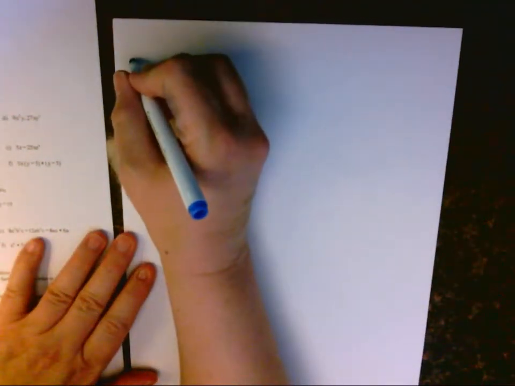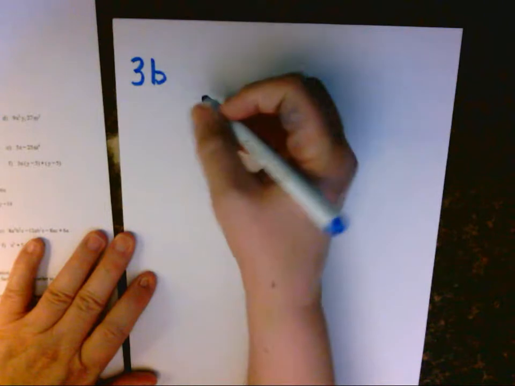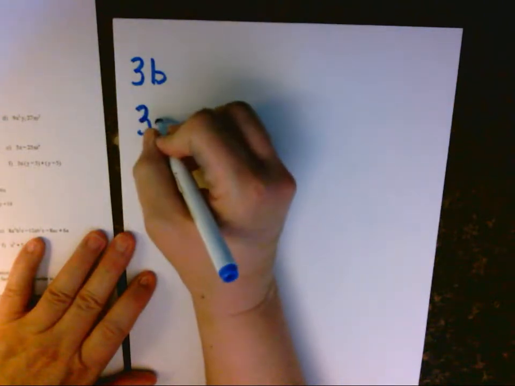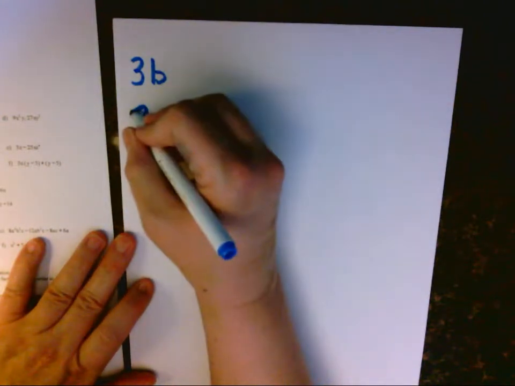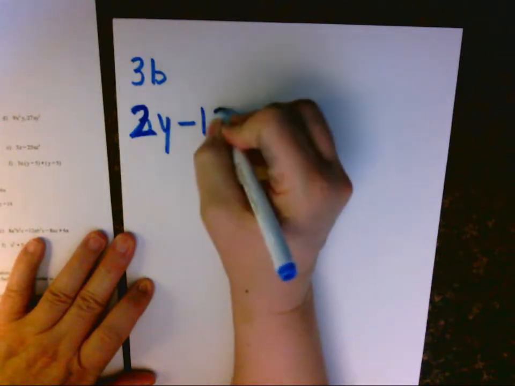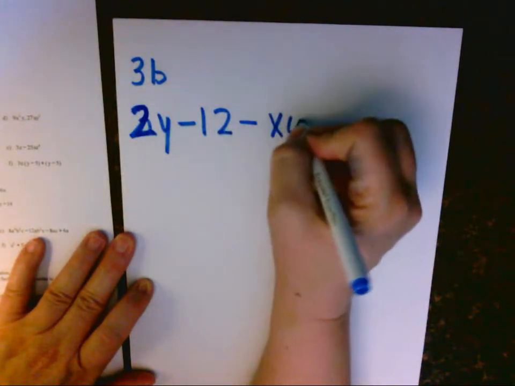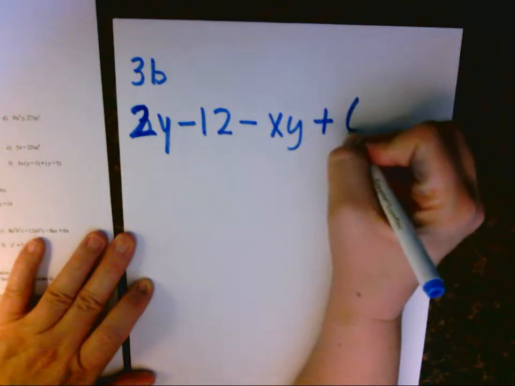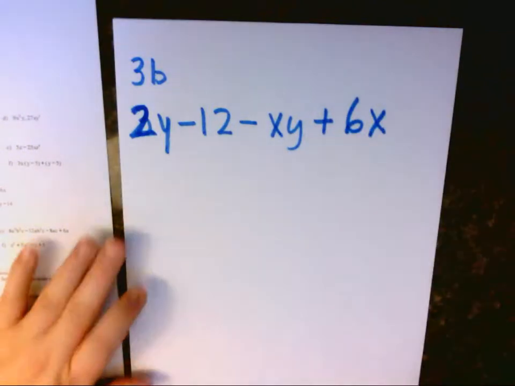Let's do 3b. It's a little trickier because it has negative signs in it. I'm writing a 3, but there's no 3. It's a 2. 2y minus 12 minus xy plus 6x.